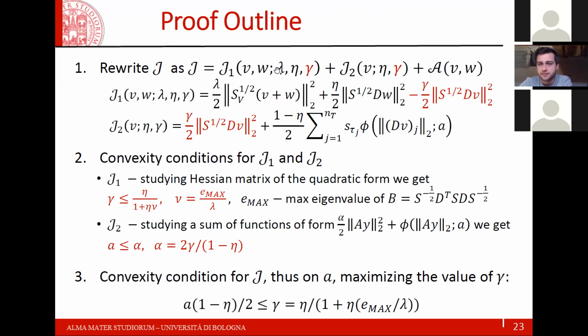First, we have rewritten our functional J into the sum of J1 and J2 plus an affine function depending on V, W. And then we studied the convexity conditions for J1 and J2 separately, and then we put them together, maximizing the value of gamma.